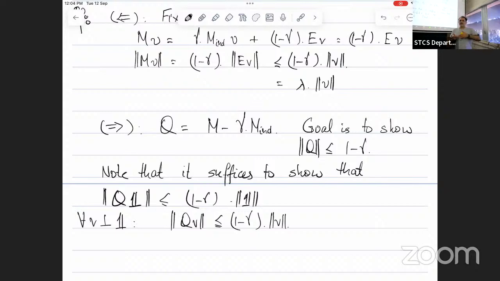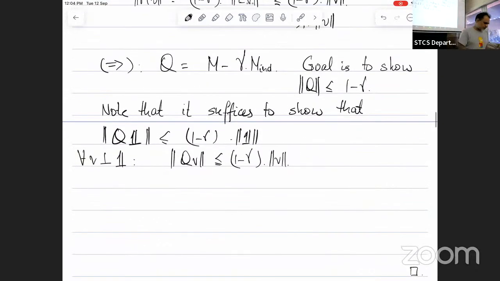Basically, you are saying if it shrinks anything in the all ones direction by a factor of 1 minus gamma and anything in the perpendicular direction by 1 minus gamma, that should hold for all vectors just by Pythagoras theorem. Right? So let's just look at these two.